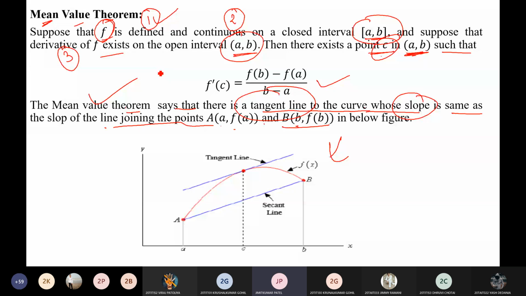Okay, this is the geometrical interpretation of the mean value theorem.